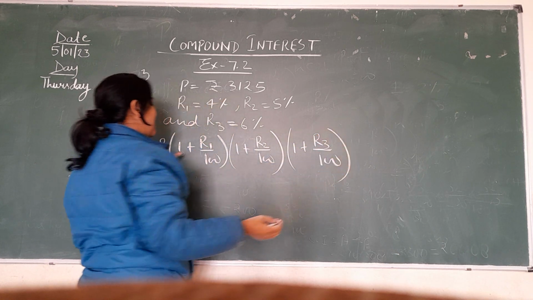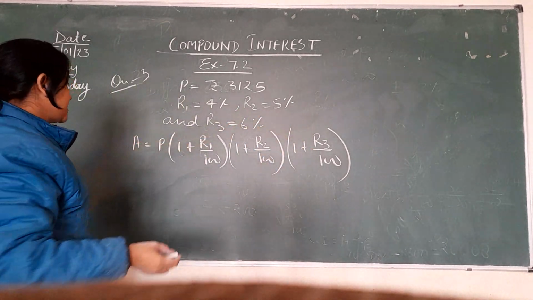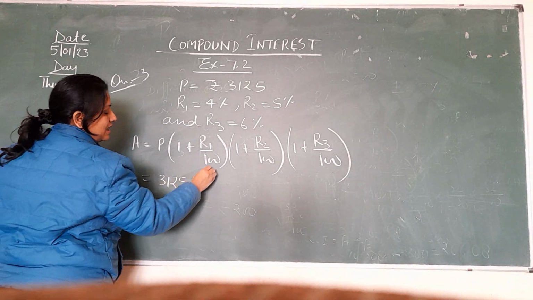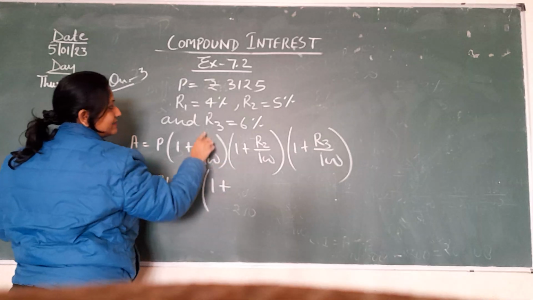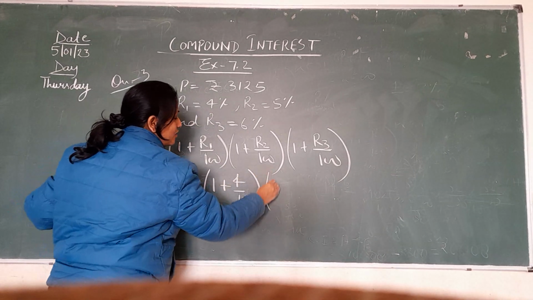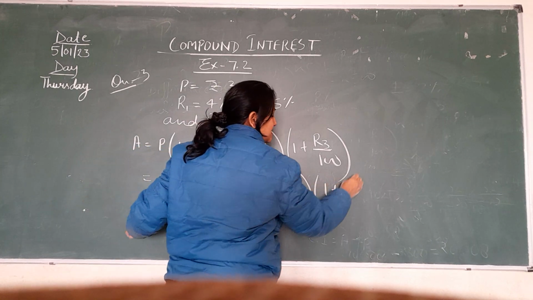In place of R1, R2 and R3 we will put the values 4, 5 and 6. So A is equal to 3125 into 1 plus 4 upon 100, then 1 plus 5 upon 100, then 1 plus 6 upon 100.